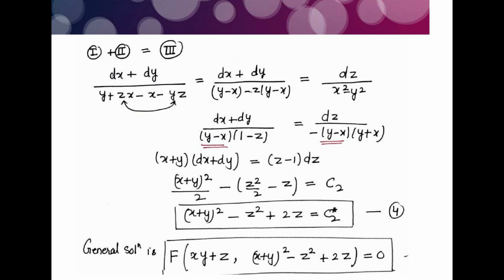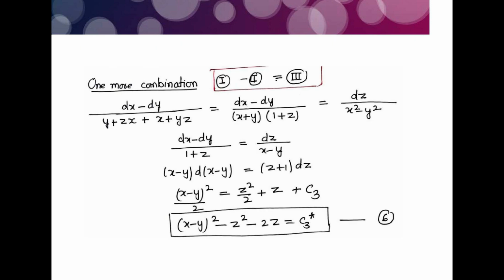Now cross multiply the terms. After cross multiplication we can easily integrate these expressions, and finally we have equation number 4 as the second integral curve. So the general solution is given by f function of xy plus z comma x plus y whole square minus z square plus 2z equal to 0.